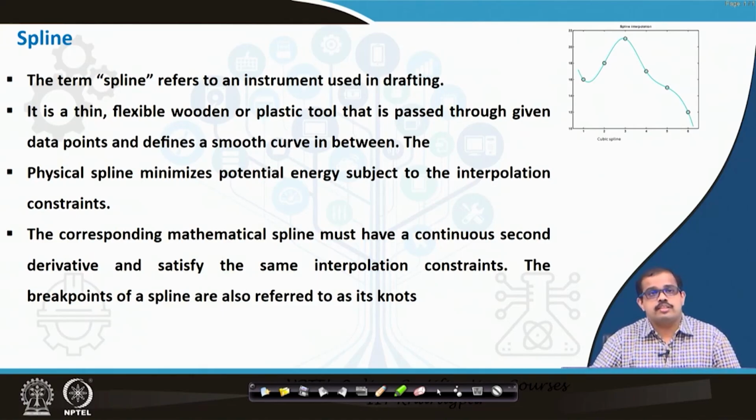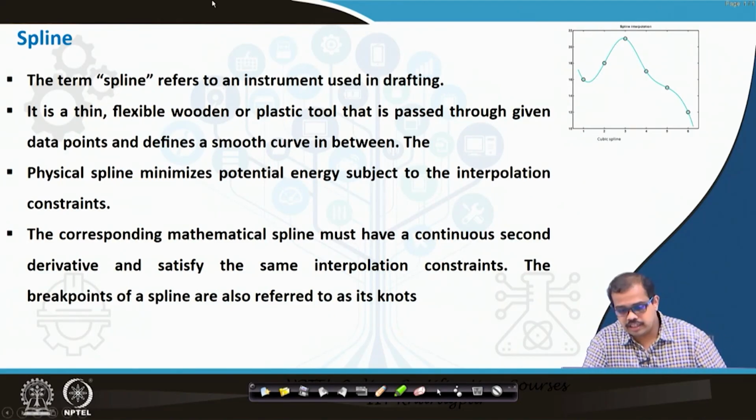The physical spline minimizes the potential energy subject to interpolation constraints. The corresponding mathematical spline must have a continuous second derivative and satisfy the same interpolation constraint. So, it uses the second derivative value. The breakpoints of the spline are also referred to as knots. So, these are the knots that you use. Whatever I am showing here is actually a cubic spline.